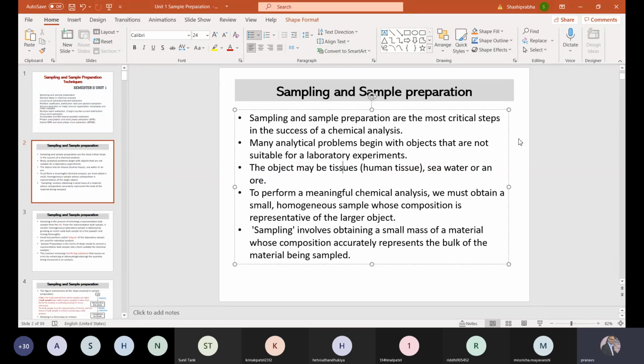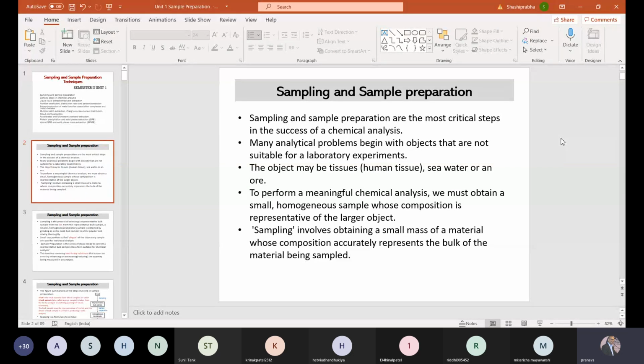Now, if you just look at first of all the sampling part, what we find in nature is we find real samples in principally three forms. It can be a solid, it can be a liquid, or it can be a gas. These are the three principal forms in which we find real samples in the universe.